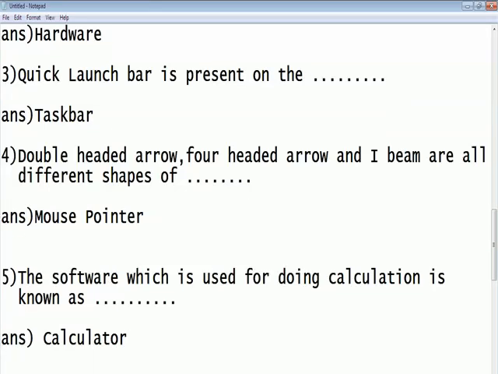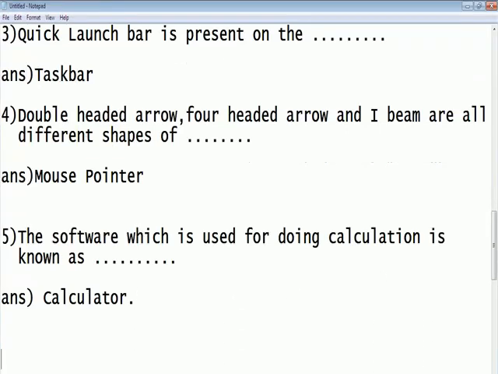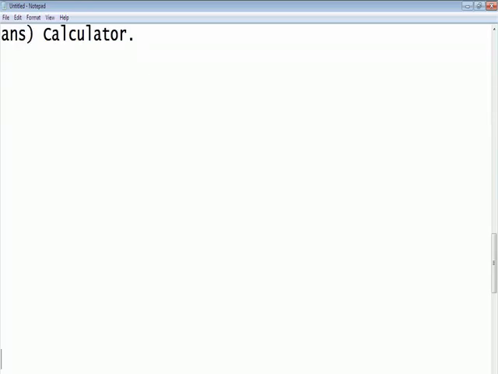Now the next one is D, answer the following questions.